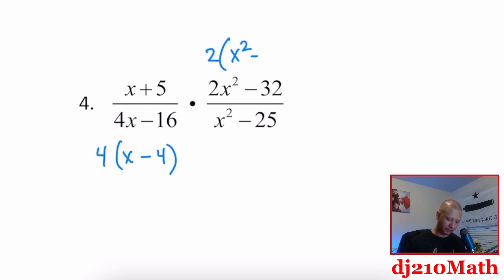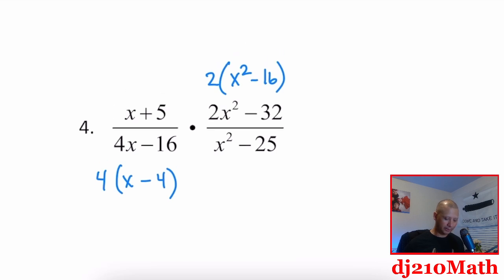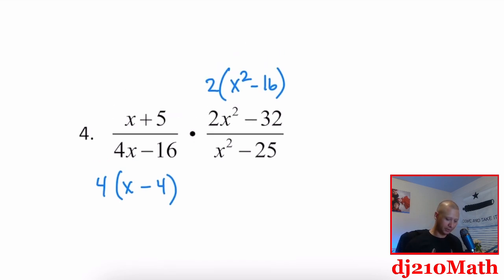That leaves x squared minus 16. So here, right away I notice x squared minus 16. I trained myself to see a difference of squares, right? x squared minus a perfect square, which in this case 16 is a perfect square. So this is actually going to be x minus 4, x plus 4.